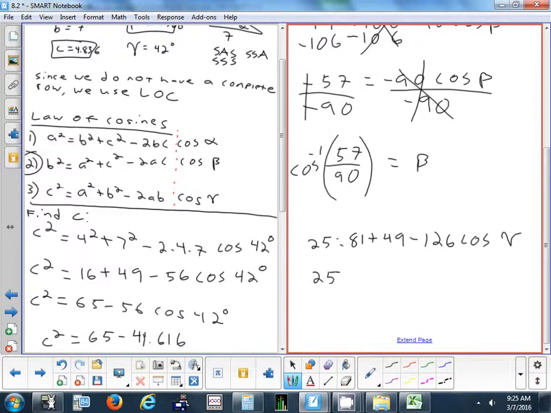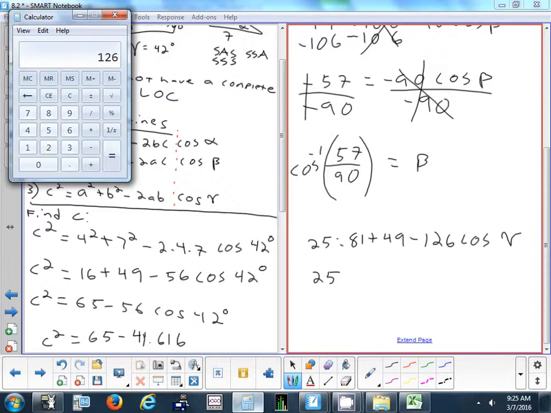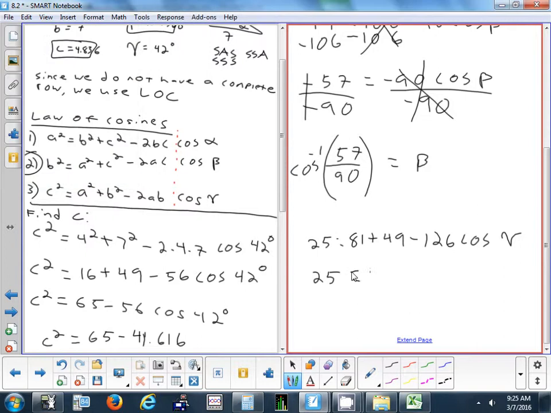If you want, you could really do it all in one step. It's going to be 25 minus the sum of 81 plus 49, divide by negative 126, and take the inverse cosine of that. But if you want to do it in a couple steps, we can. So that's 130.